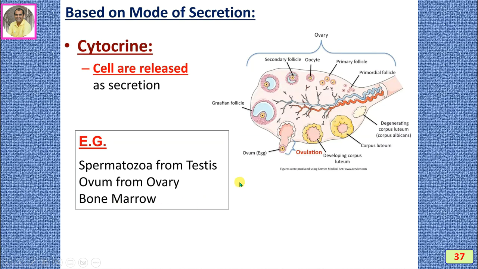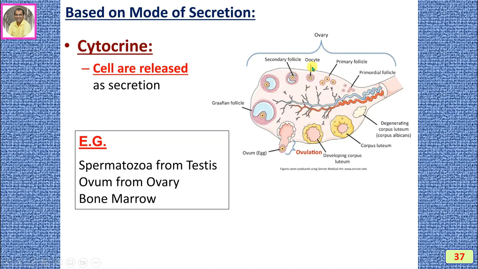So here, as it is explained, there will be degenerating corpus luteum cells will be present. Then the corpus luteum will be there, and ultimately developing corpus luteum, and the developed corpus luteum will be there. Then slowly it is going to disintegrate. Then the Graafian follicles are formed, and secondary follicles will be formed.